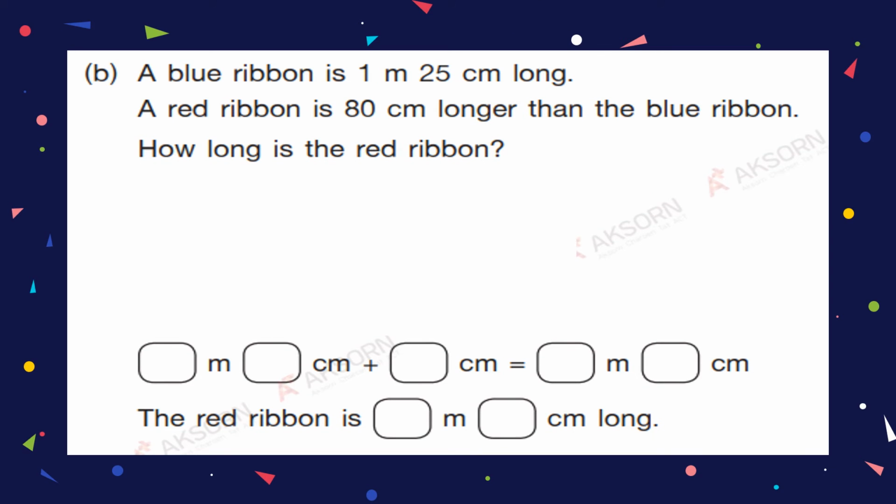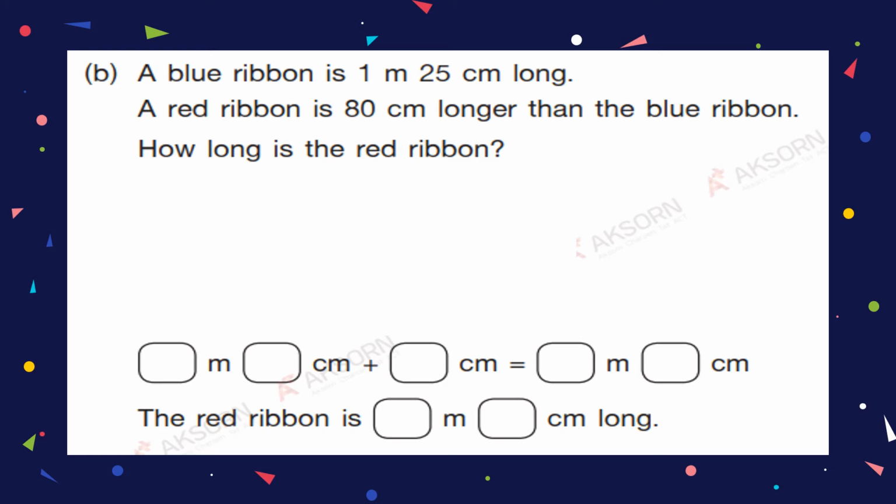For letter B, a blue ribbon is 1 meter and 25 centimeters long, while the red ribbon is 80 centimeters longer than the blue ribbon. We're going to find out how long is the red ribbon.